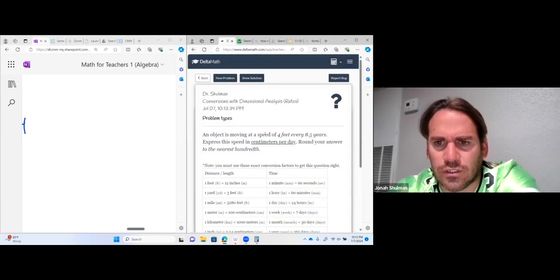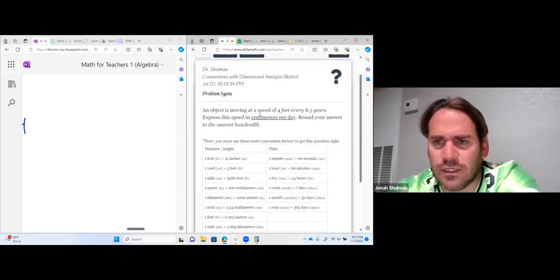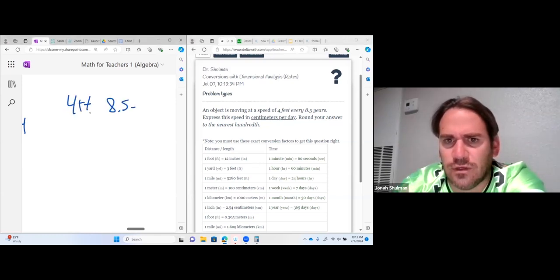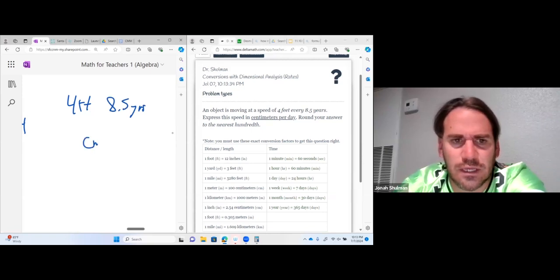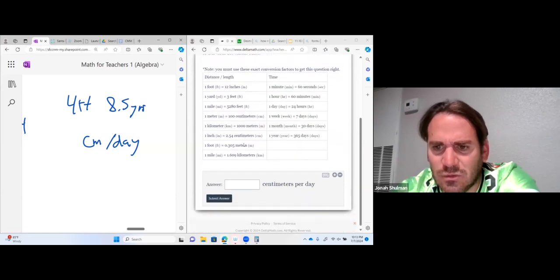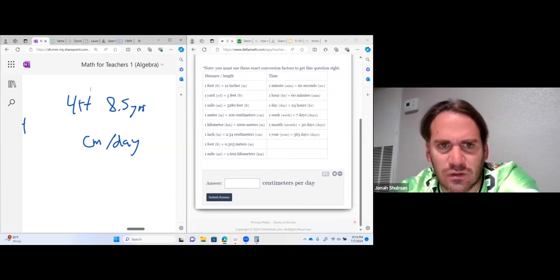And one more conversion. Okay, so an object is moving at a speed of 4 feet every 8.5 years. Express this in centimeters per day. So if I have 4 feet in 8.5 years, we have to change this all into centimeters and change this into days.